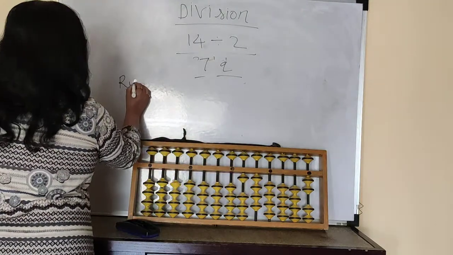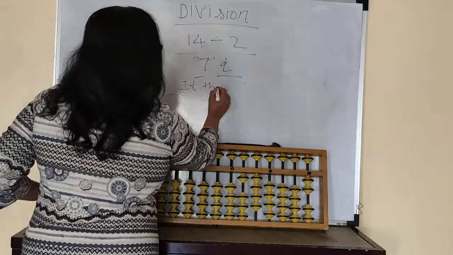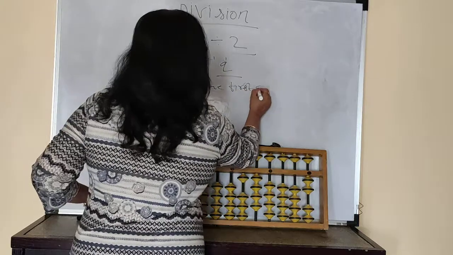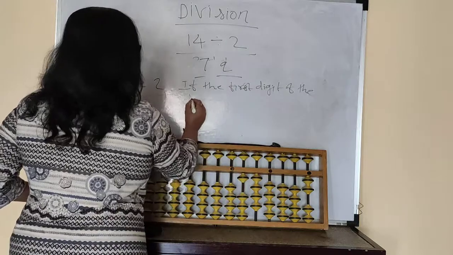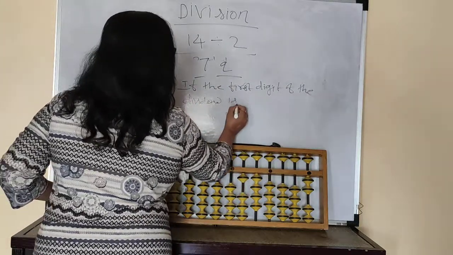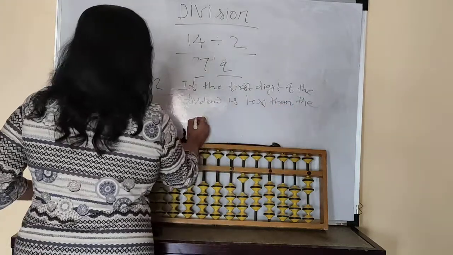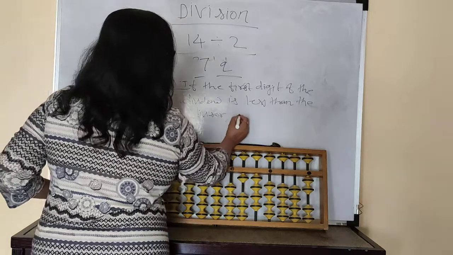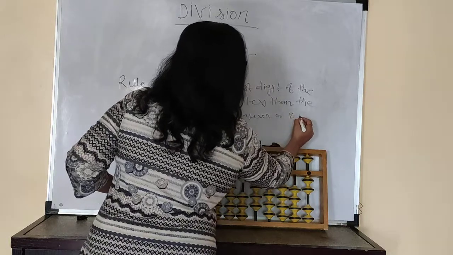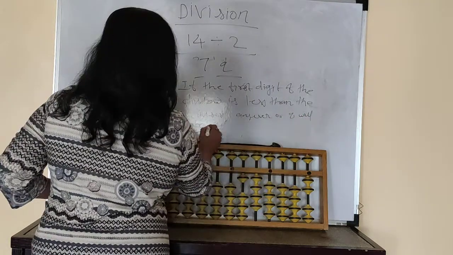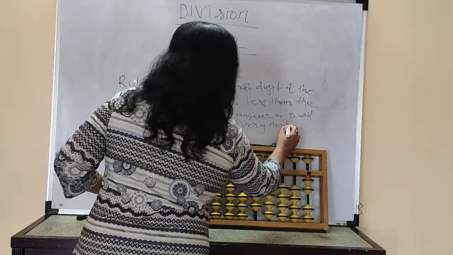So rule number 2: if the first digit of the dividend is less than the divisor, the answer or quotient will be placed on the very next rod, the rod next to it, very next rod.